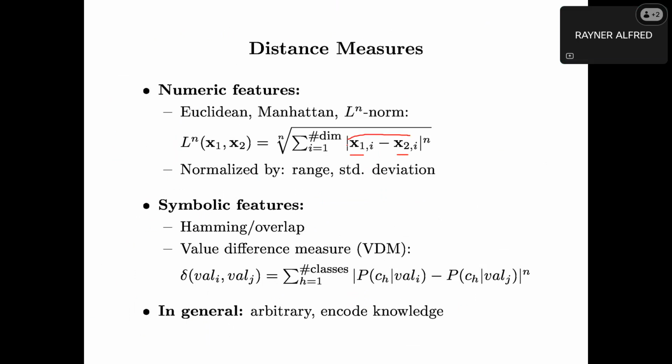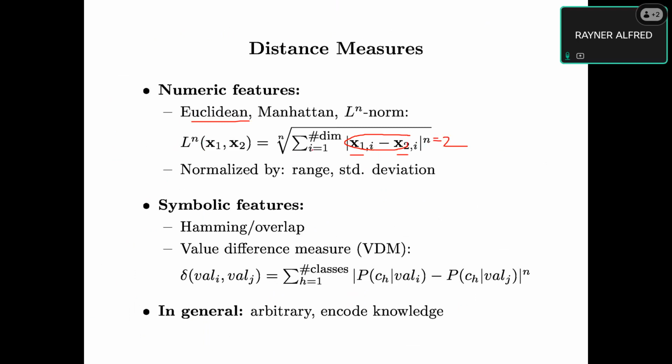We take the difference, and then we take the square of this. So it is equivalent to distance with n equal to 2. So this one is 2.